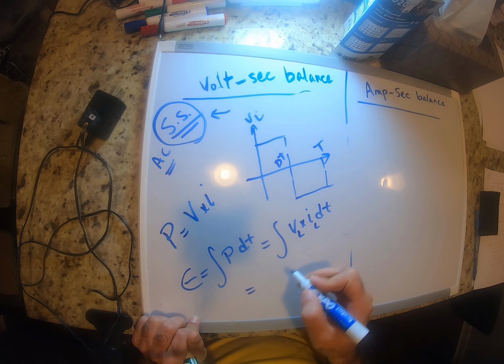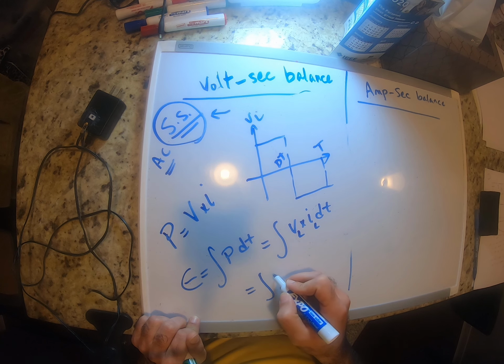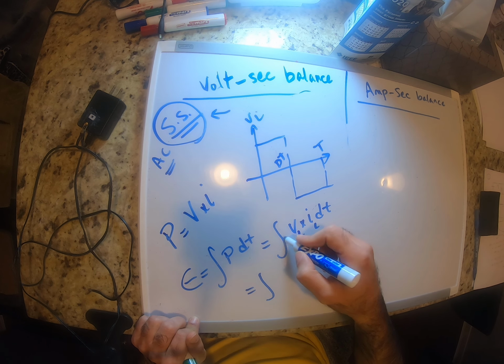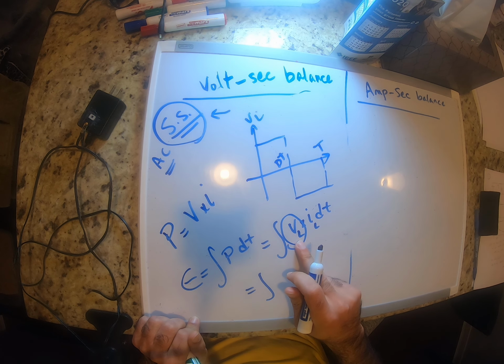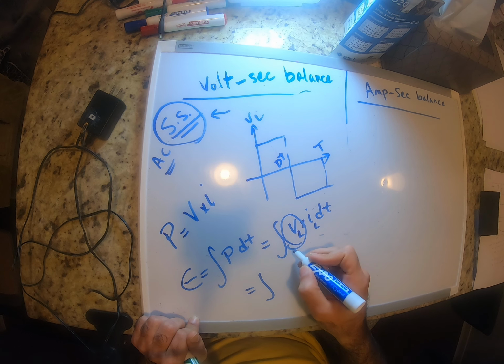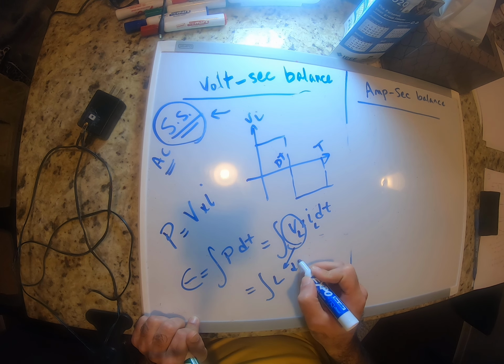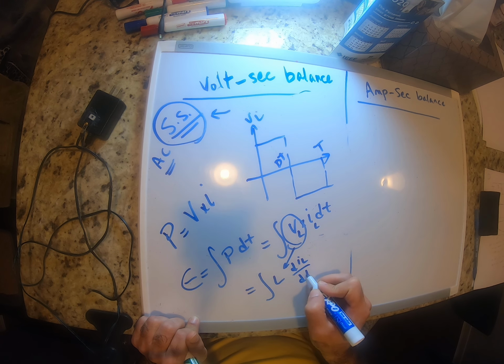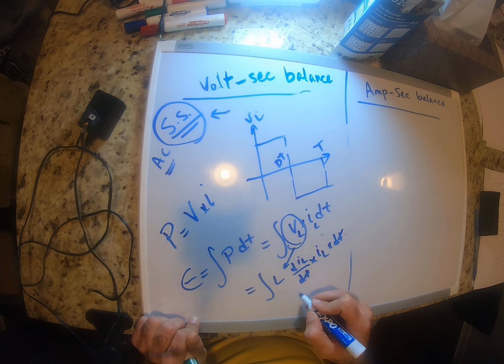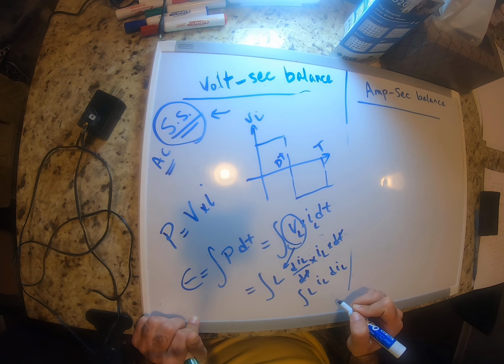This is VL IL. So this VL, what's the relationship between voltage of an inductor and the current that goes through inductor? So I can replace this with L dIL by dt times IL times dt. These would cancel, so we would just basically have integral of L IL dIL, right?